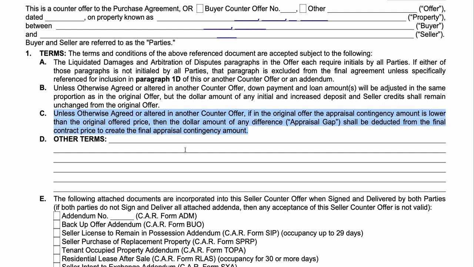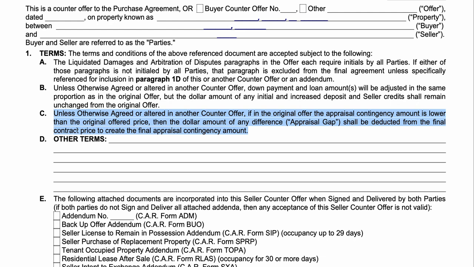So what do we do about it? Well, if in an offer, the appraisal contingency amount and the sales price do not match, I recommend countering this out if there's a counter. How do you do that? You'd write something to the effect of, and I'll paraphrase here, paragraph 1C of this form is hereby deleted or hereby removed from the agreement.